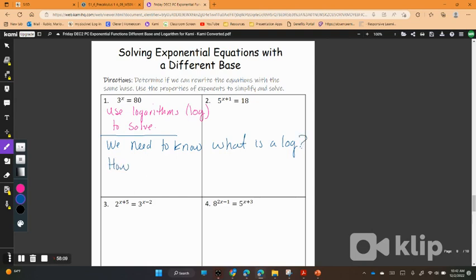We need to know how to convert between log and exponent form. And in order to do that, we need to know the rules of exponents and the rules of logarithms.